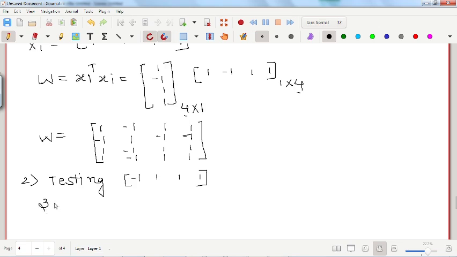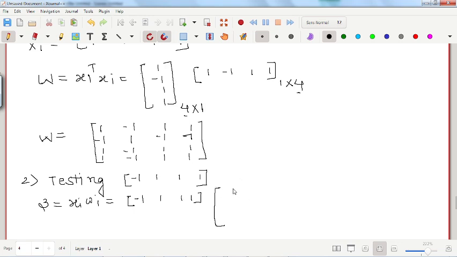We will find out the net input, that is the weighted sum. So we will take the product of xi into matrix wi. For this, which xi are you considering? The testing input: minus 1, 1, 1 and 1, into what matrix are we considering here?